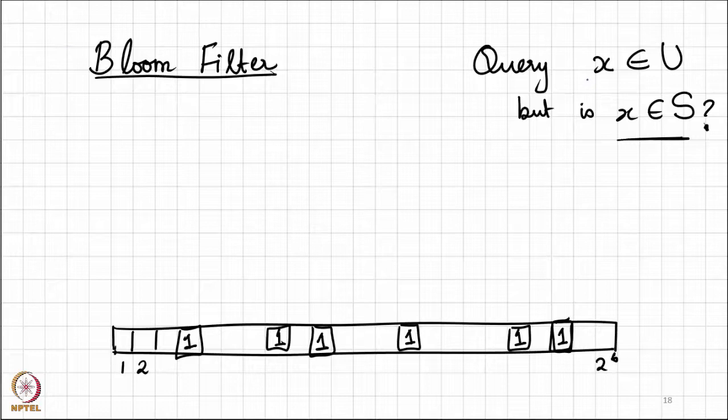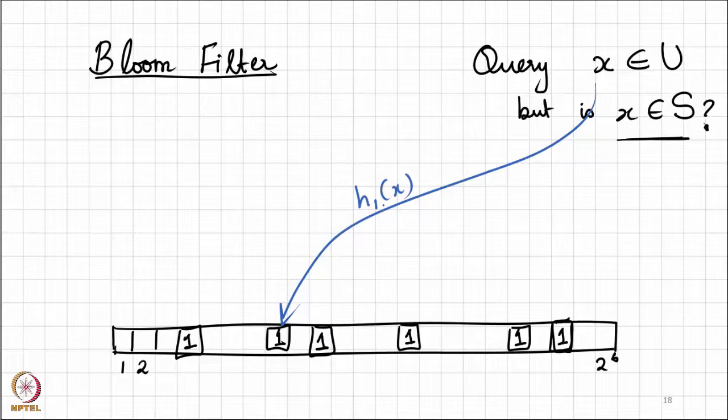So we will take each of the hash functions, the same k hash functions, and we will see, okay, what is h1 of x? Now if h1 of x is leading to an index where we have a 1, we will continue.